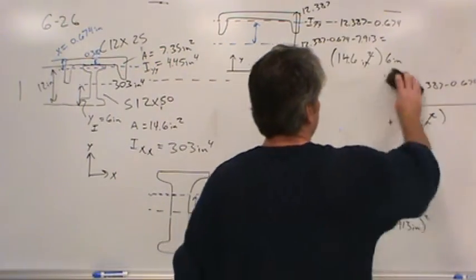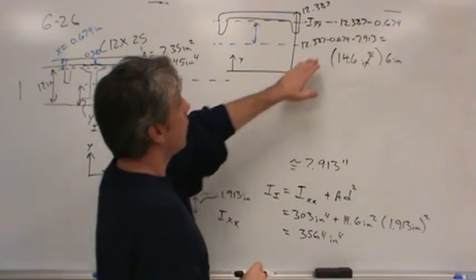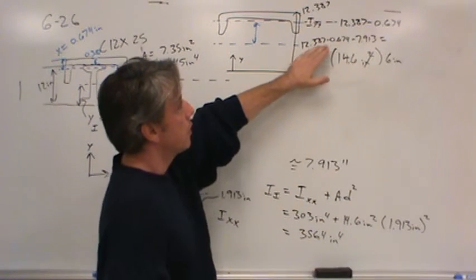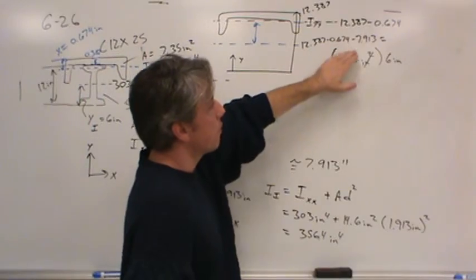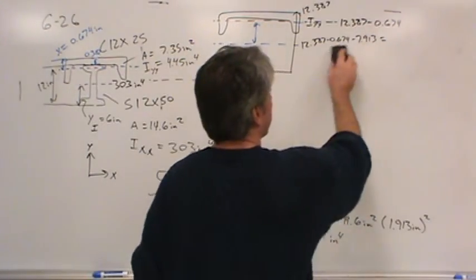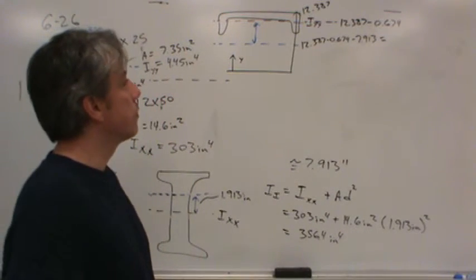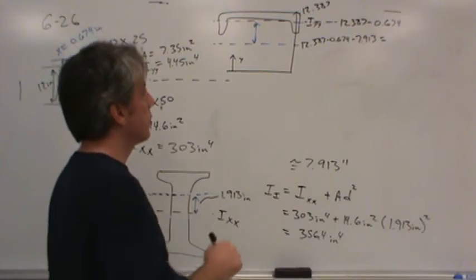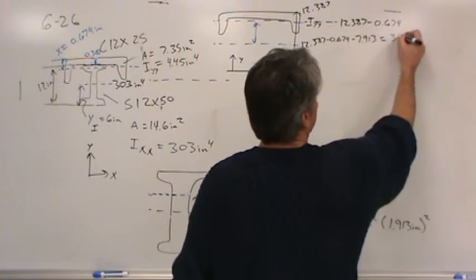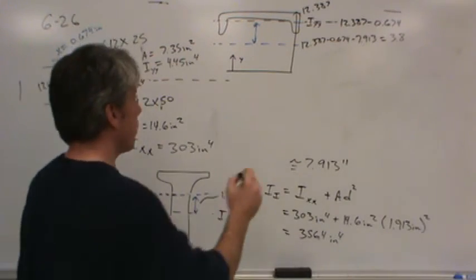Well, it's 12.387 minus 0.674 minus 7.913. 3.8. 3.8? Anyone second that? Okay, so 3.8 inches. All right, that's what will go in.